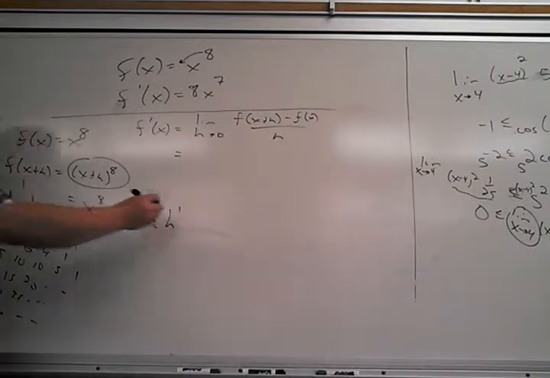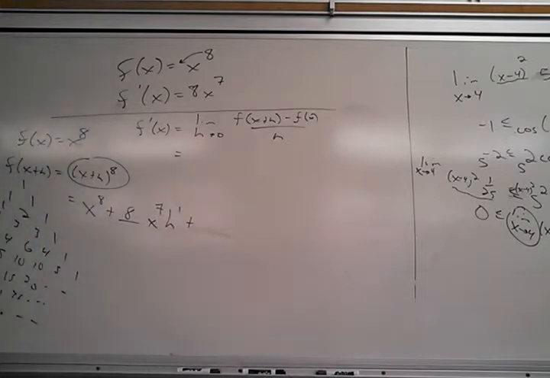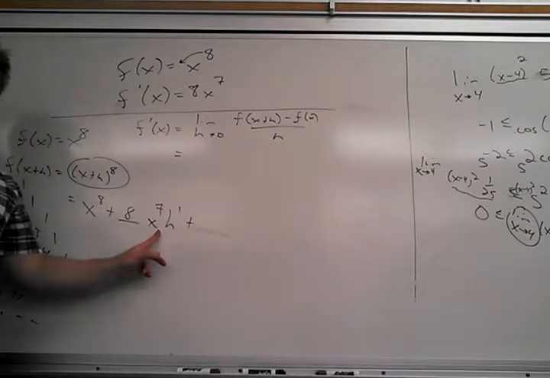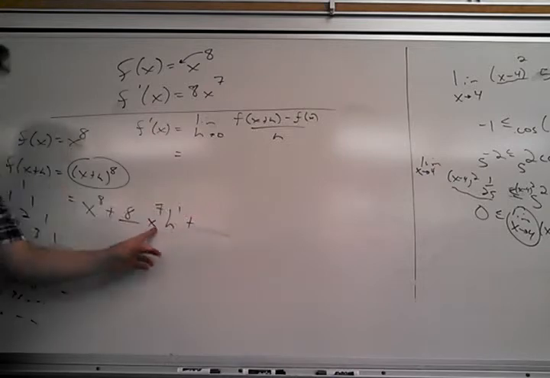And then every other term after this, now you'll see why here in a minute, every term after that has at least how many h's? At least 2, right? Because won't the next one be x to the 6, h squared? H cubed, all the way to h to the 8th.